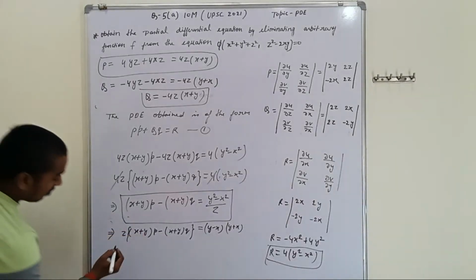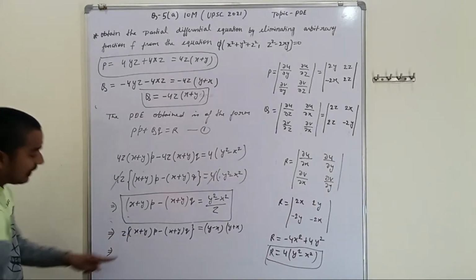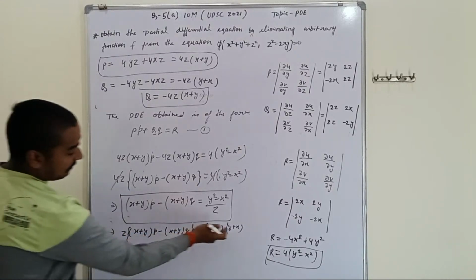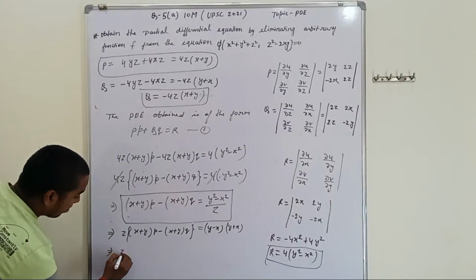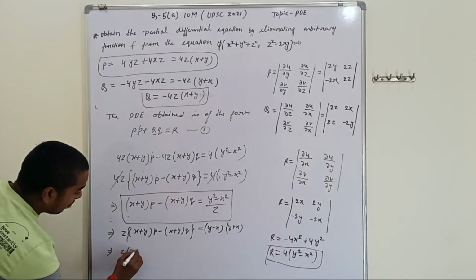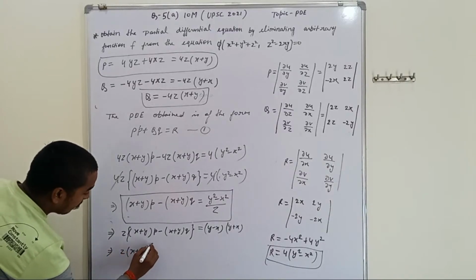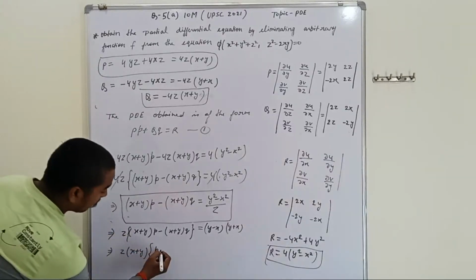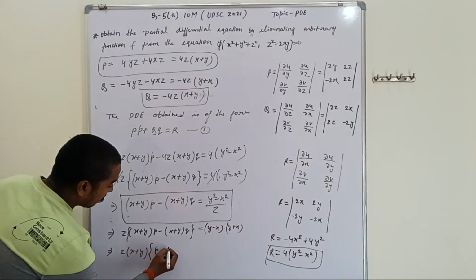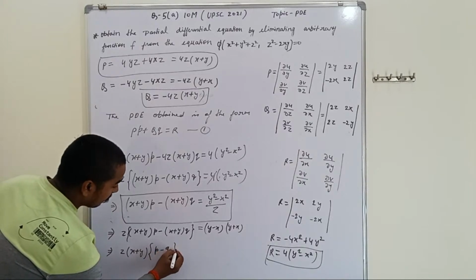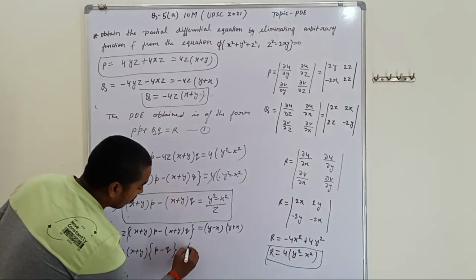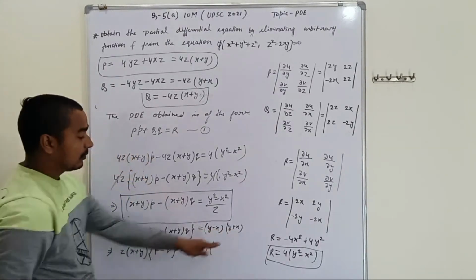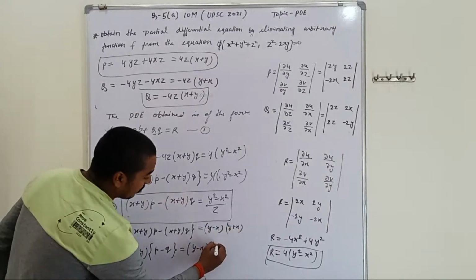We take common x plus y from the right hand side and left hand side, that is z times x plus y into small p minus q is equal to y minus x, and we can also write y plus x as x plus y.